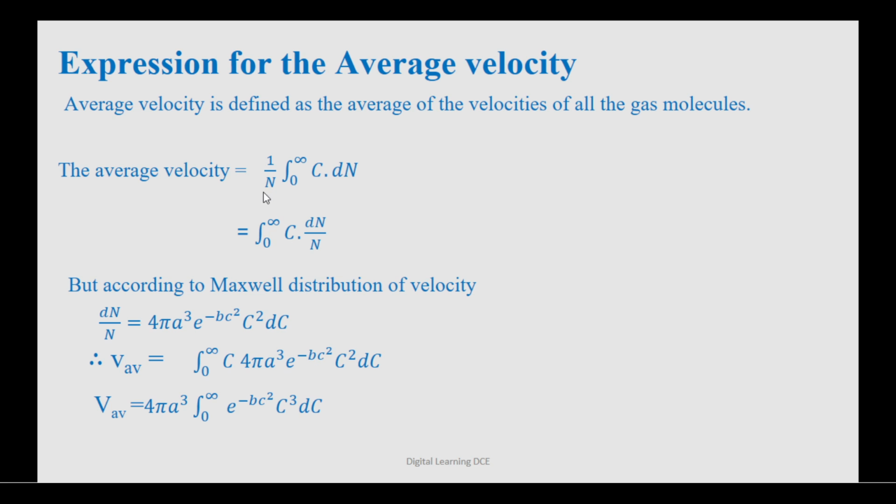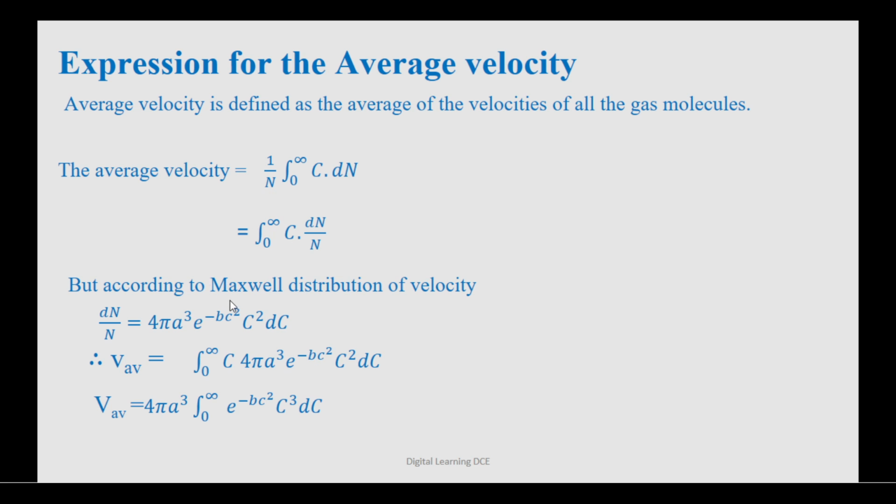Here n represents the total number of gas molecules in the system, and the integral represents the sum of velocities of all the gas molecules. Finally, this equation represents the average velocity of all the gas molecules.